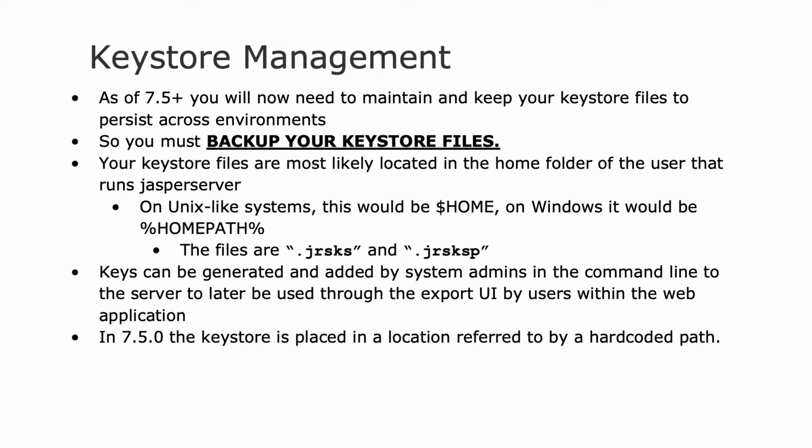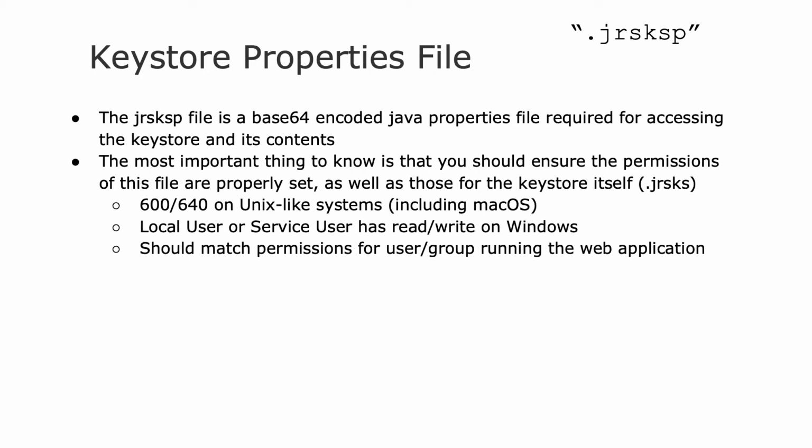This can actually be problematic when doing import and export between the same version, 7.5, but on different servers that may have different usernames, for example. You'll have to change that hard-coded path, but there's a link in the resources included with this video that tells you how you can go about doing that.